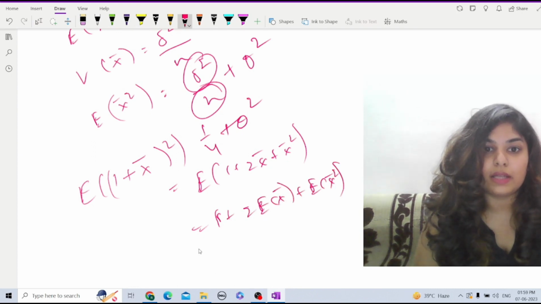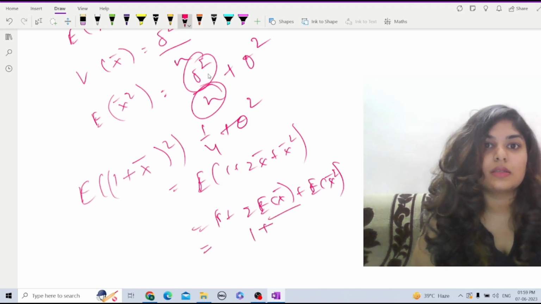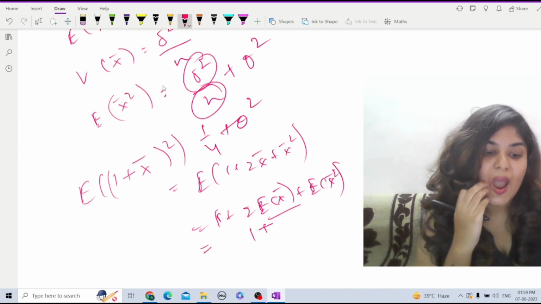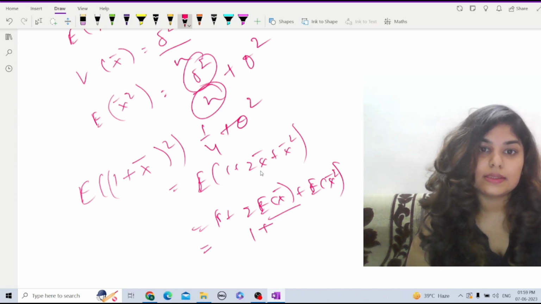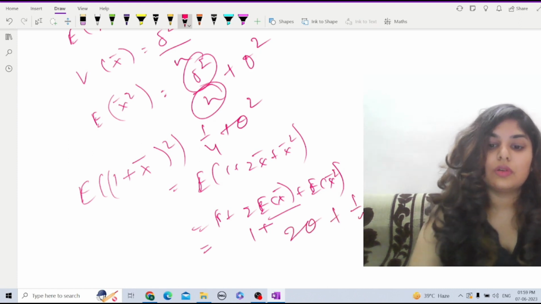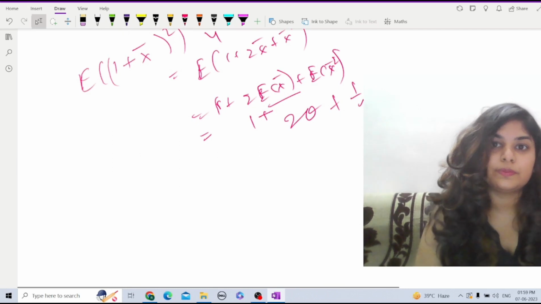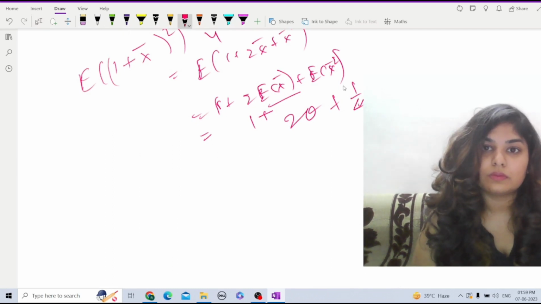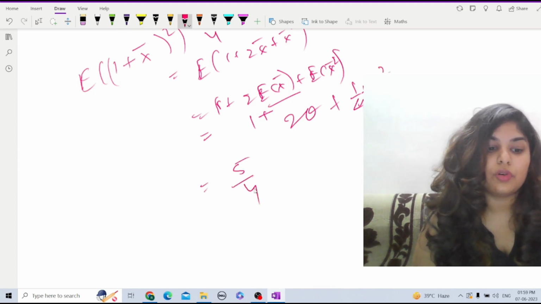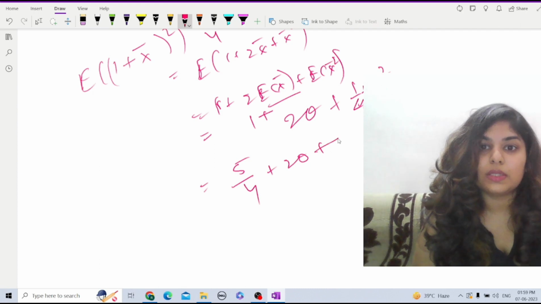Now let us put down the values. That is equal to 1 plus 2 into E of x bar, which is 2 theta, plus E of x bar square, which is 1 by 4 plus theta square. So here we get 5 by 4 plus 2 theta plus theta square.